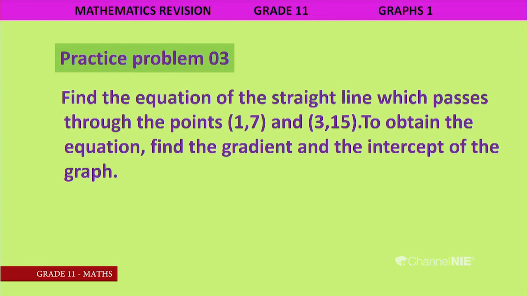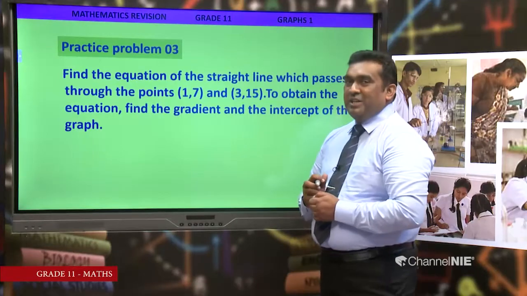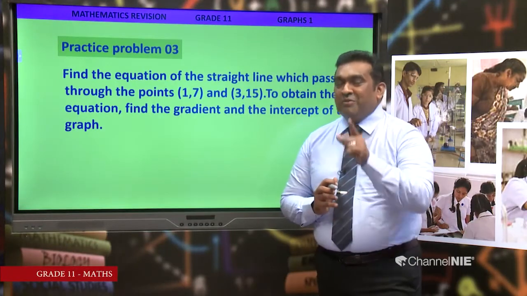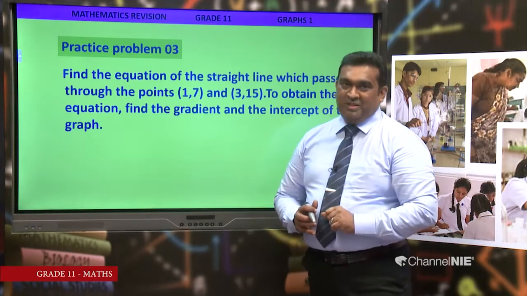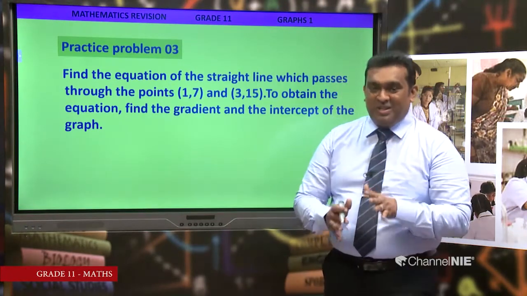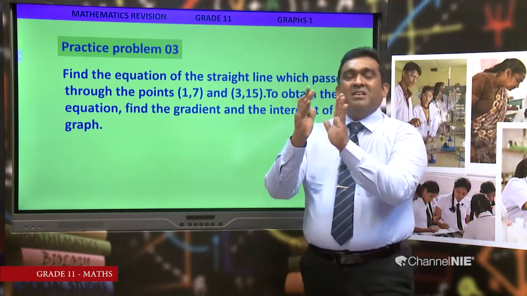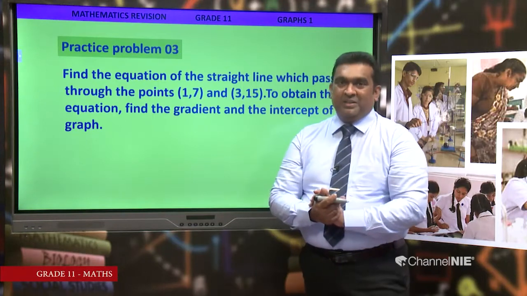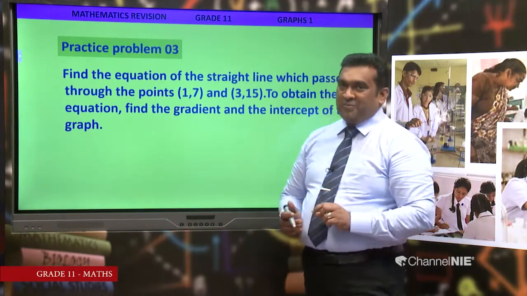First we have to find the gradient, then you have to find the intercept. After that you can find the equation. Gradient and intercept should be obtained using the definitions.